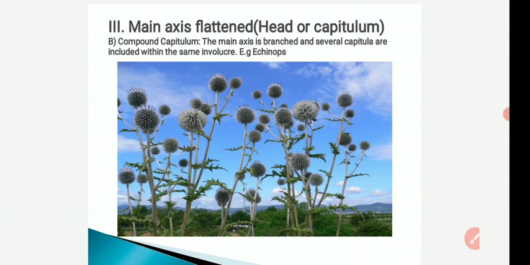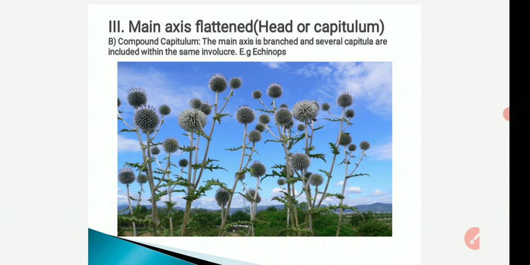So this is all about the racemose type of inflorescence in which there are three types, that is main axis elongated, shortened, and main axis flattened or convex or concave. In main axis elongated, we have discussed three types, that is simple raceme, compound raceme, spike and spadix.